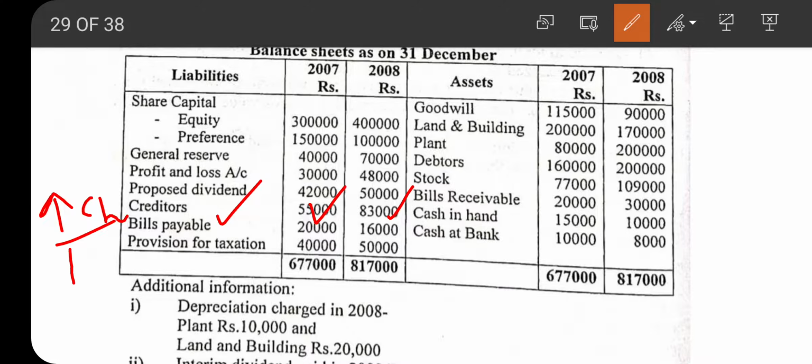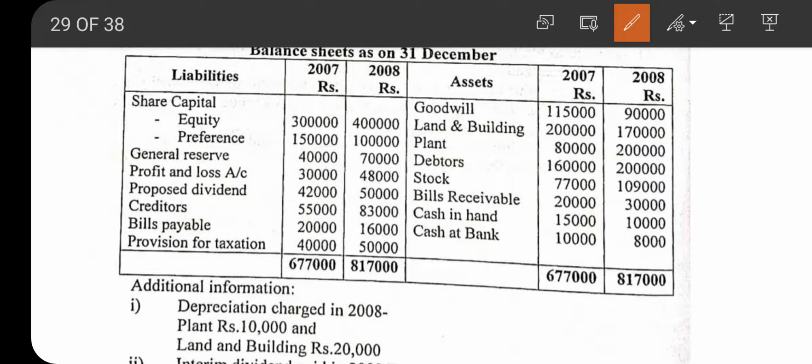So there is a decrease in the current liability. Next item is provision for taxation. Opening balance is 40,000, closing balance is 50,000. So we need to open the provision for taxation account.